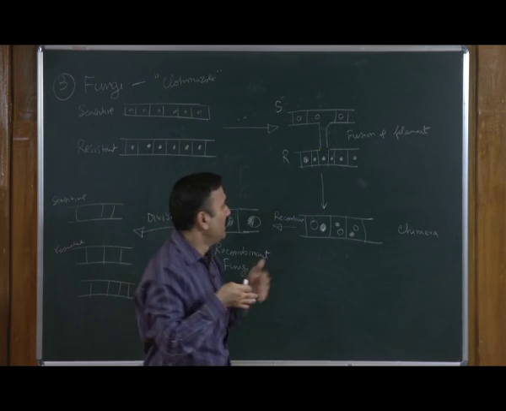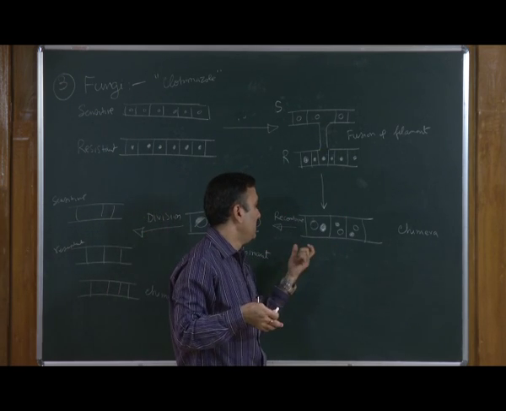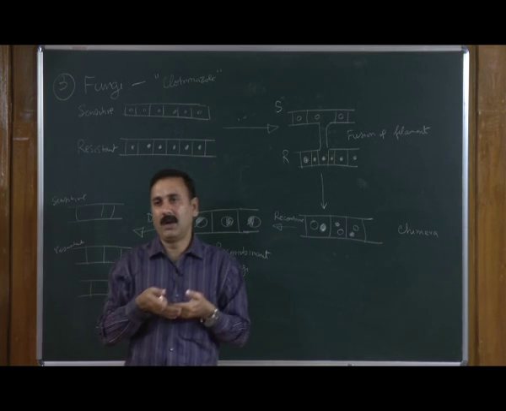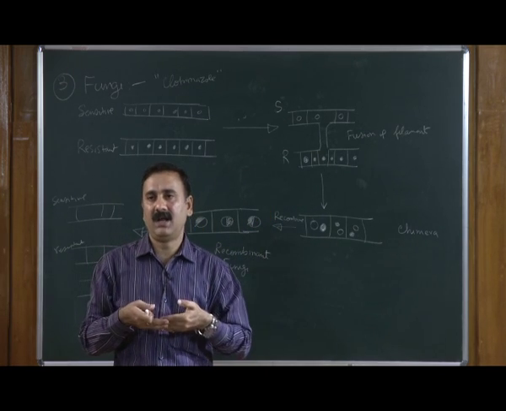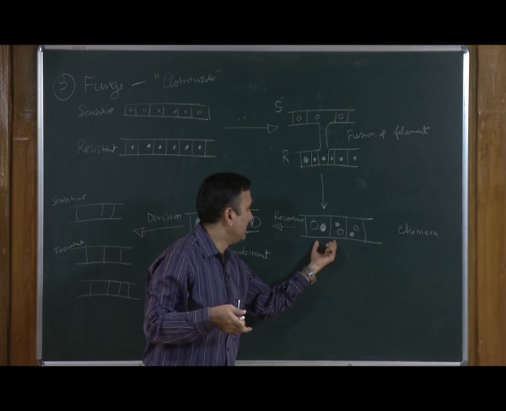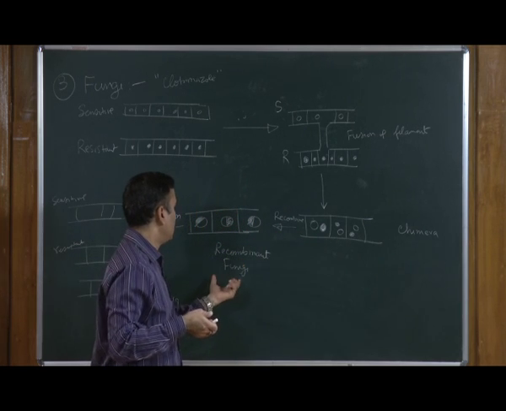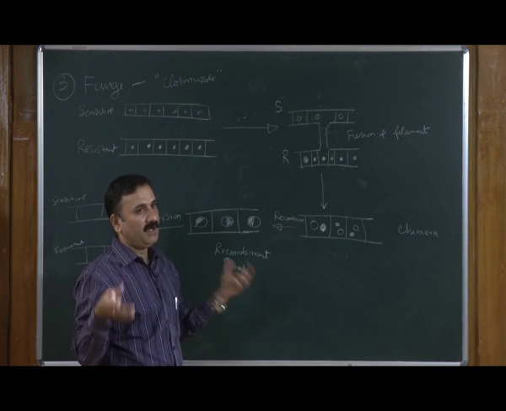As a result there will be a content mixing, okay. And this content mixing allows the two nuclei present in the sensitive strain as well as the resistant strain to come together, and just after the recombination what you are going to get is a recombinant fungi.